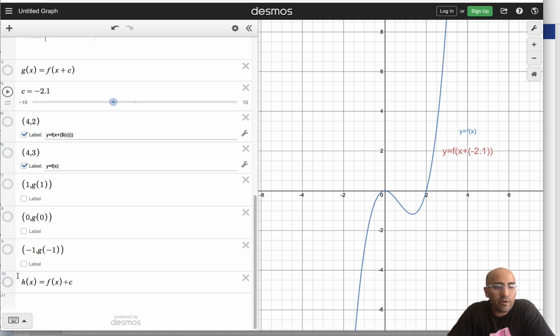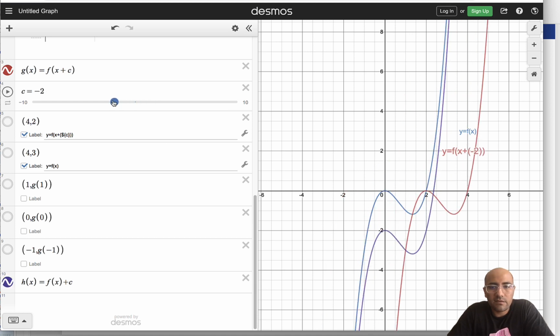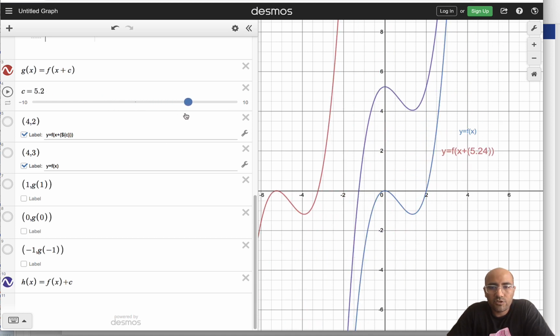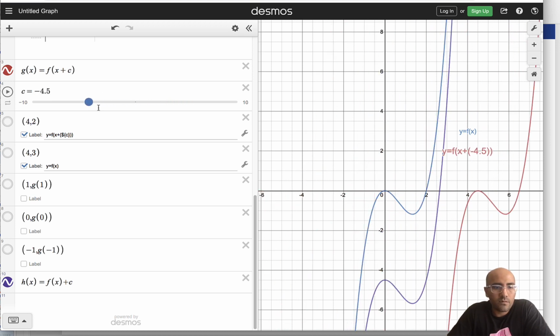On the other hand, if we are adding a constant inside the argument of the function, then that would mean that we are shifting it left and right. Good? Left and right versus up and down, depending on whether we're adding the constant inside the argument of the function or on the outside of the argument of the function. Good. Cool. All right. Hopefully that made sense.